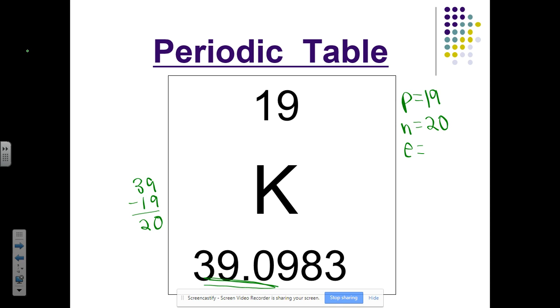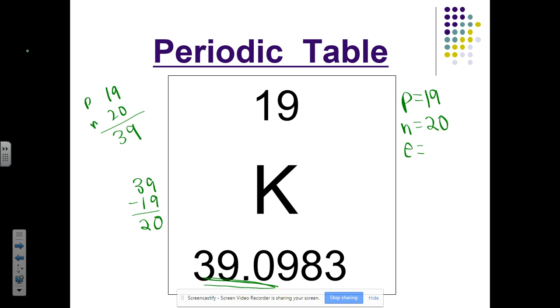And if we wanted to go back and double check our work, we know that protons and neutrons make up the mass. So if we add up 19 and 20, our protons and neutrons, that should add up to our mass. Okay, remember that electrons do not contribute to the mass.